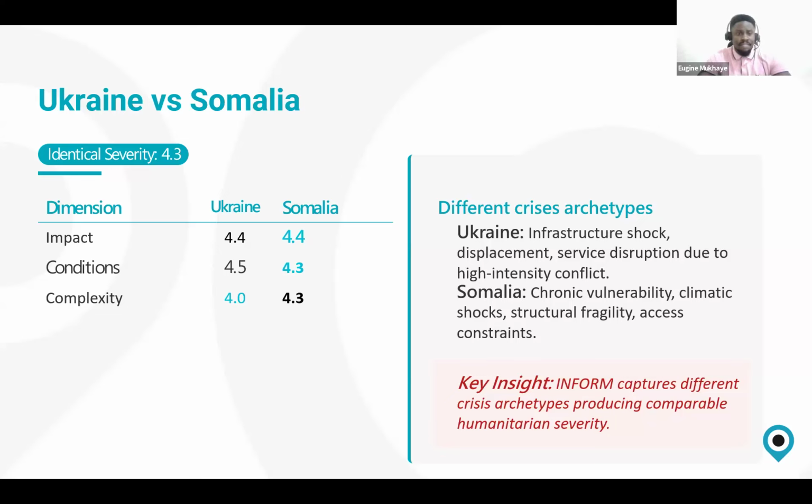And despite these very different crisis systems, INFORM places them within a similar range. I know that's quite shocking for many, but you see, in Ukraine, severity is largely driven by the sudden shock to infrastructure and services caused by the high intensity conflict. We all know about the war between Russia and Ukraine. While on the other hand, in Somalia, severity emerges from repeated climatic shocks interacting with bad governance.